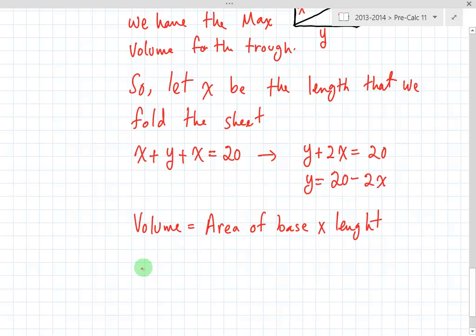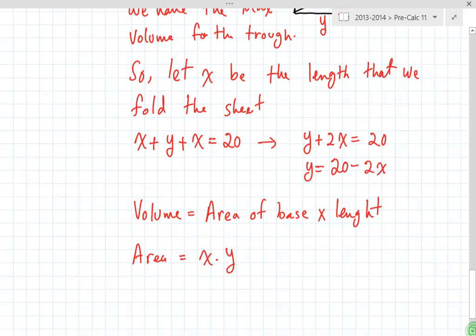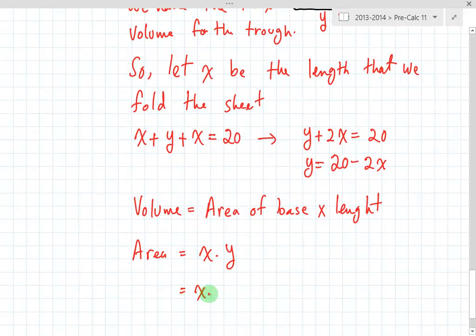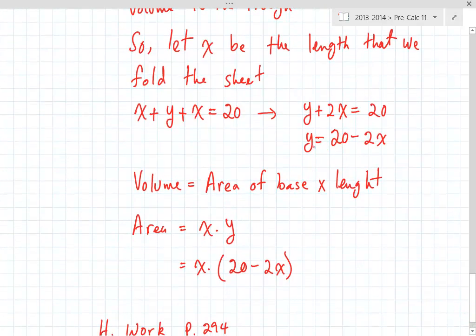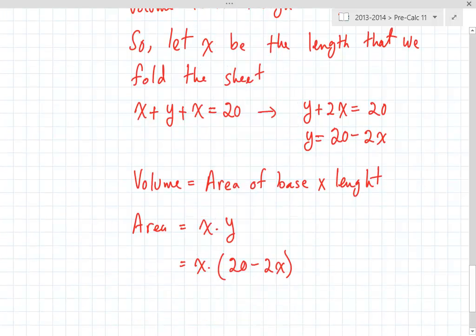So area of the base, which is x times y, can be modeled mathematically as x times 20 minus 2x, which was y when we solved for it. So this area is equal to 20x minus 2x squared.